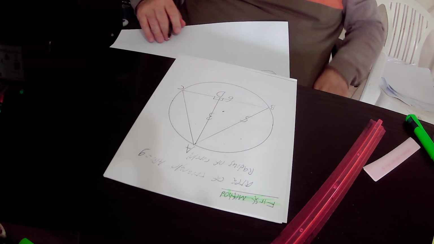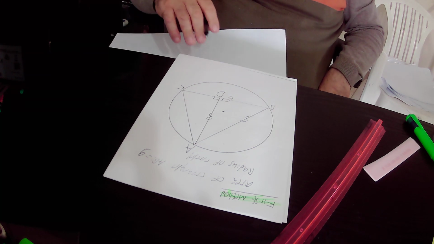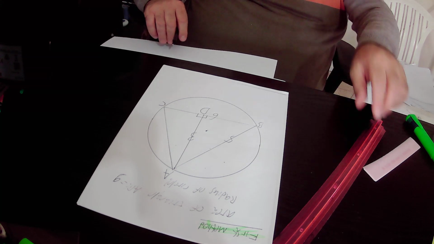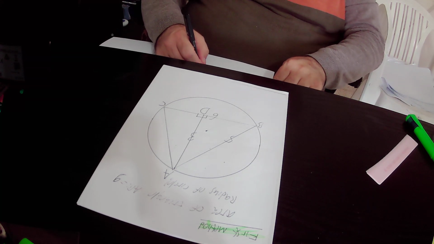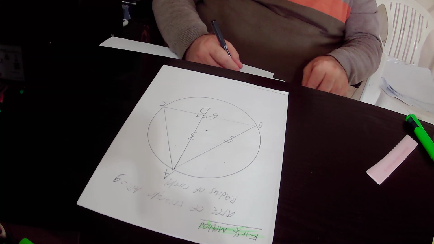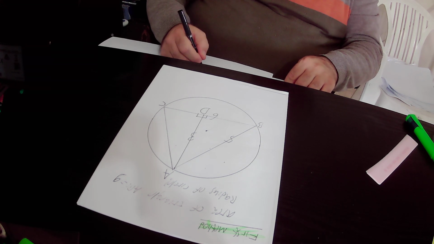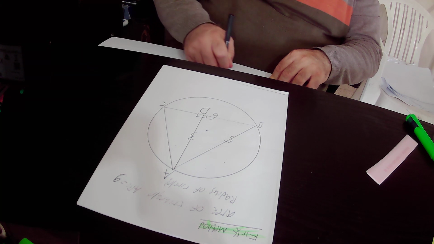In the next step, we will focus on the right triangle, triangle ABD. On the right triangle, triangle ABD, by PT I mean the Pythagoras theorem.